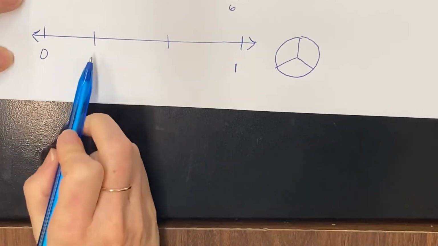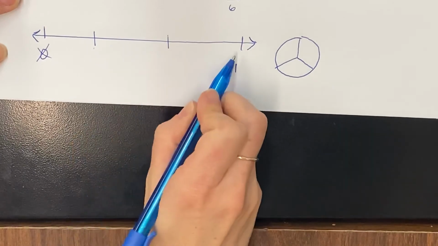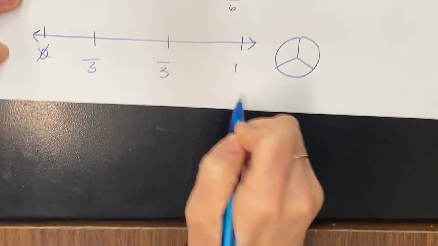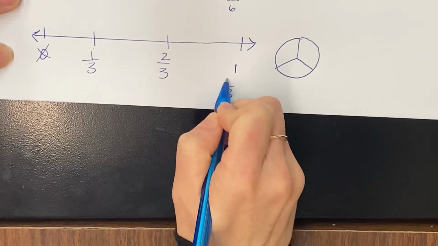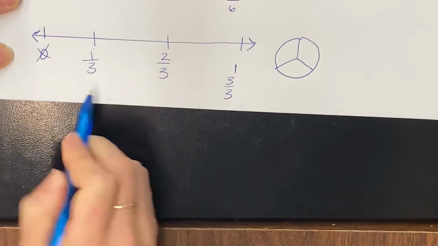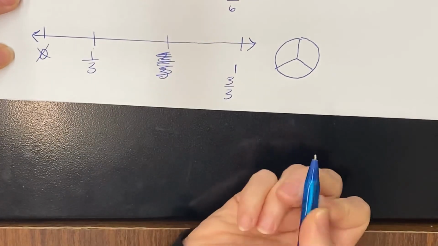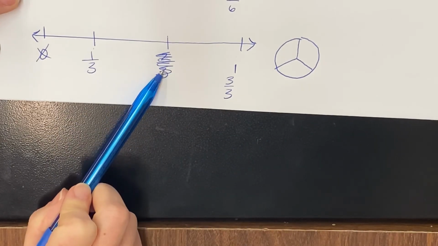All right. So now let's count. We don't count the 0. 1, 2, 3, stop. First tick mark, second tick mark, third tick mark. Okay? So let's just say that this fraction was not here. And the question said, find the missing fraction.